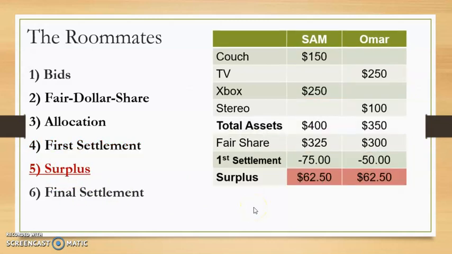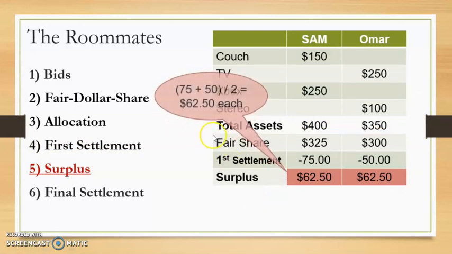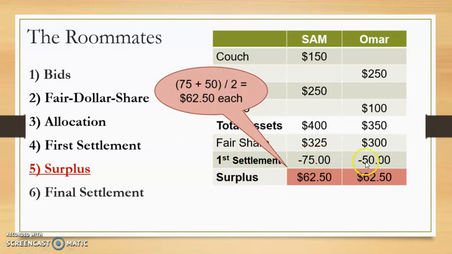So now that we have found our first settlement, we're ready to find our surplus. So remember that the surplus is found by taking the total amount paid in, so in this case the $75 plus the $50, and subtracting the total paid out or received. Well, in this case nobody received money, so we don't have to worry about subtracting that.